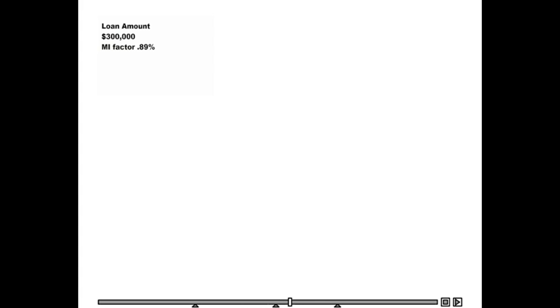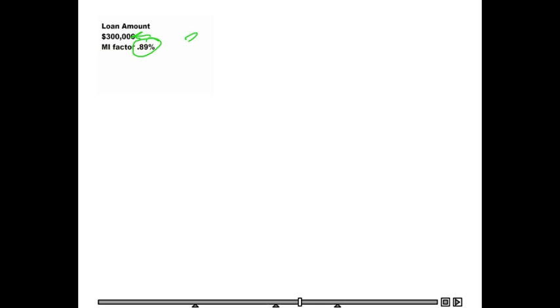So the mortgage insurance is 0.89% annually of the loan amount. So we've got our same loan amount here of $300,000 and our MI factor of 0.89%. As I mentioned, that is an annual number. So to figure a monthly number, we have to come up with our annual total first.